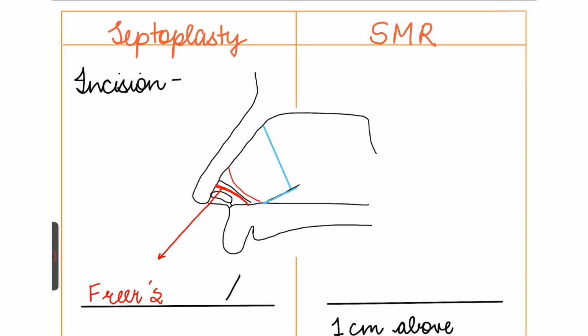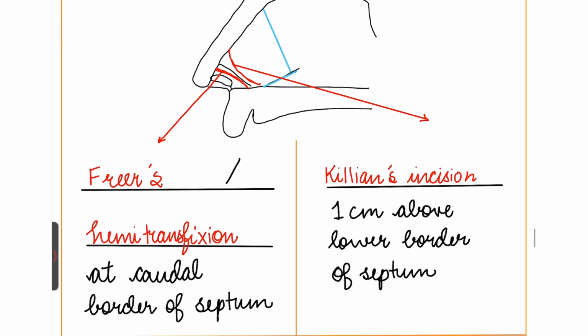In SMR, the incision is this. It is known as Killian's incision. As you can see in the image, Killian's incision is above the Freer's incision. It is 1 centimeter above the lower border of the septum.